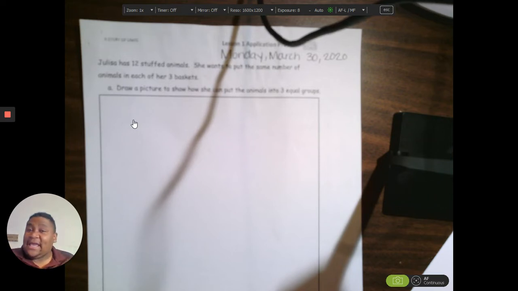So let's go back to the information part of our word problem. It says Jaleesa has 12 stuffed animals. So how many does she have? 12. But she wants to put the same number of animals in each of her 3 baskets. I'm going to give you some time to think about how Jaleesa can put those 12 stuffed animals into her 3 baskets.